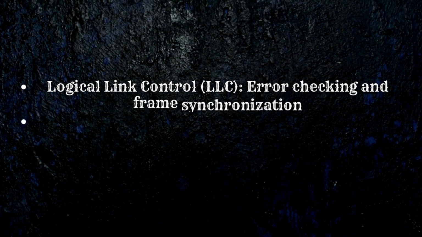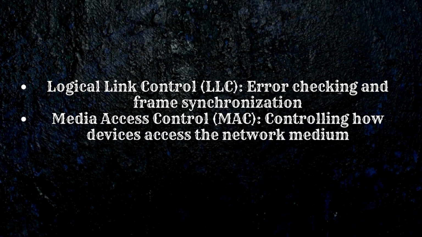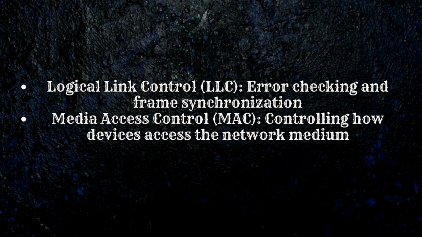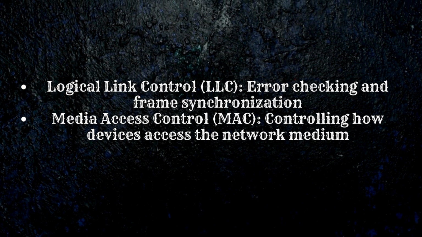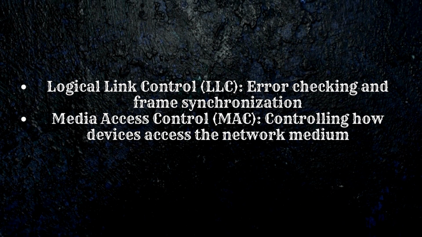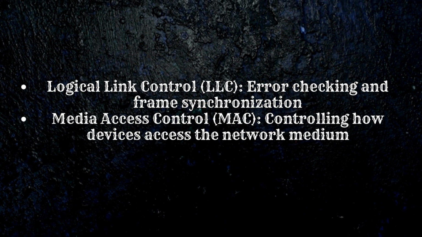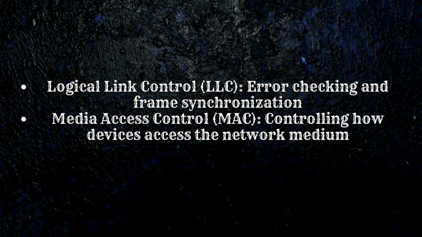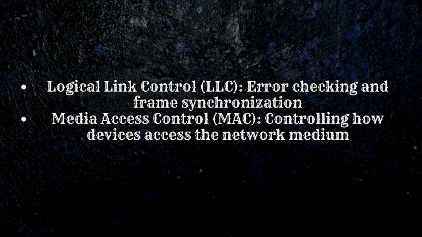It's commonly divided into two sublayers: Logical Link Control, LLC, which provides error checking and frame synchronization, and also Media Access Control, or MAC, controlling how devices access the network medium.